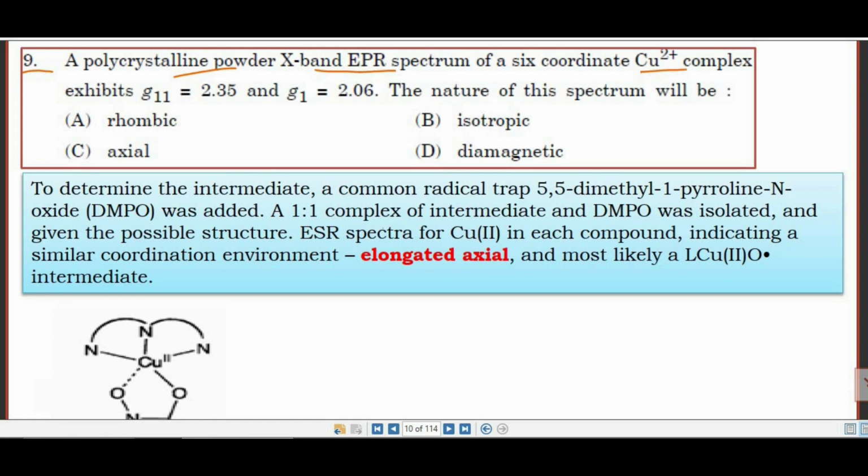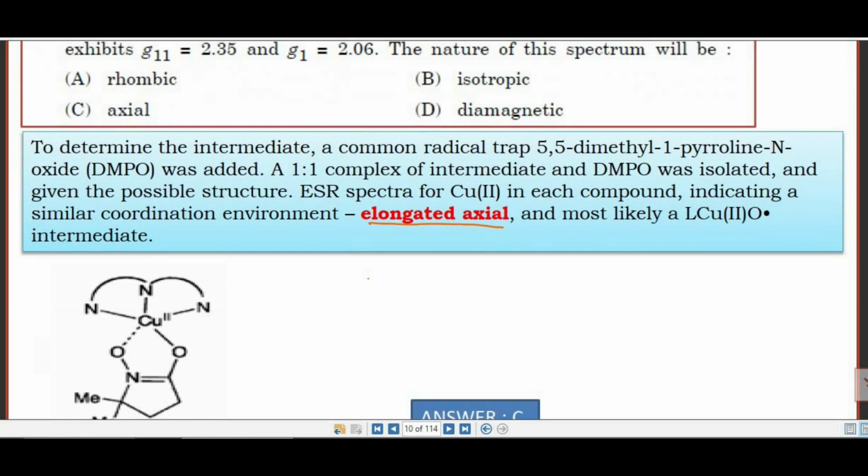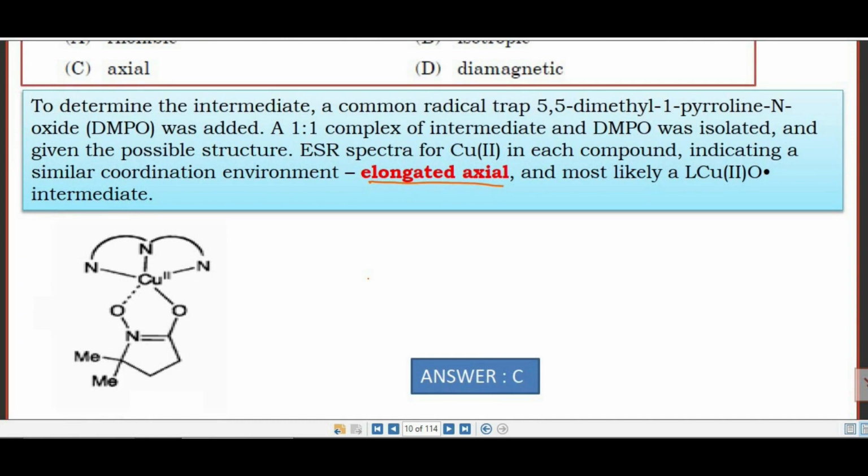In this 1:1 complex, the intermediate of DMPO was isolated, and the EPR spectra of this copper compound indicates the elongated axial bond with the intermediate. So this is the intermediate compound, here you see is an elongated axial bond. Hence option C is correct.